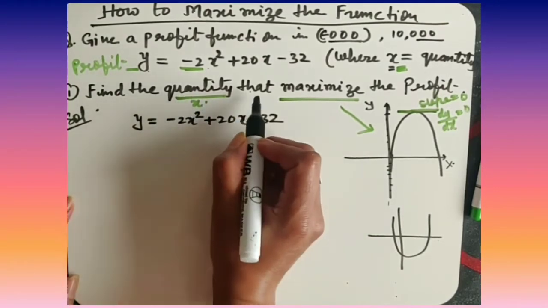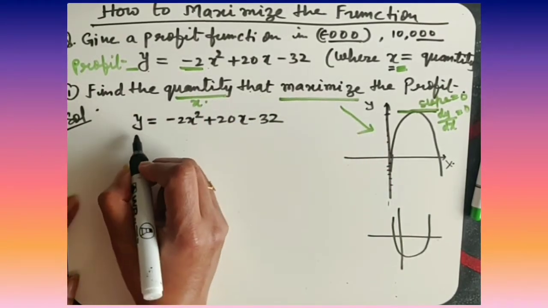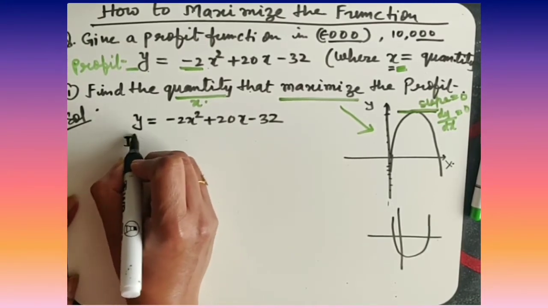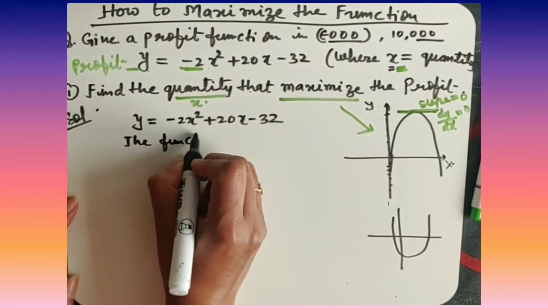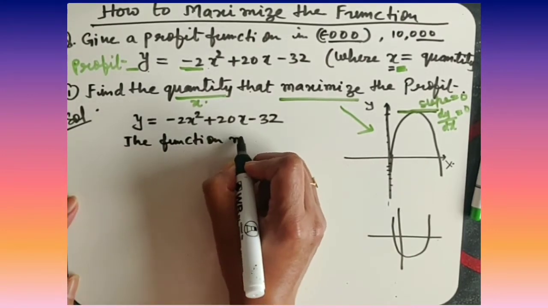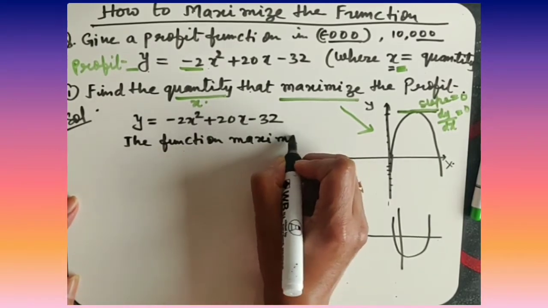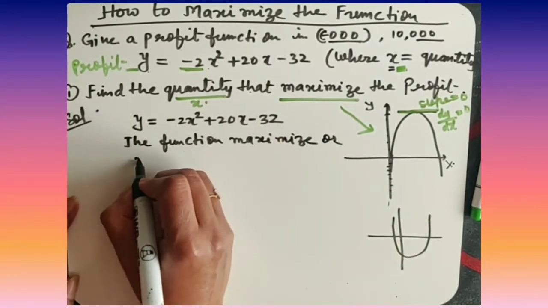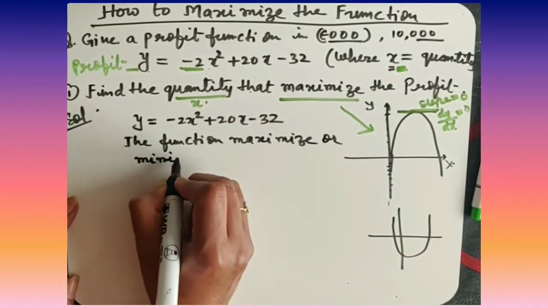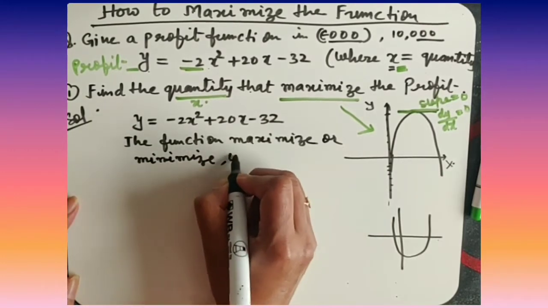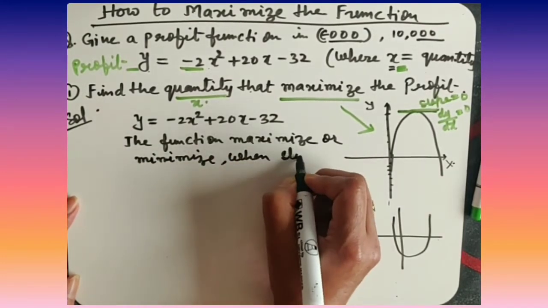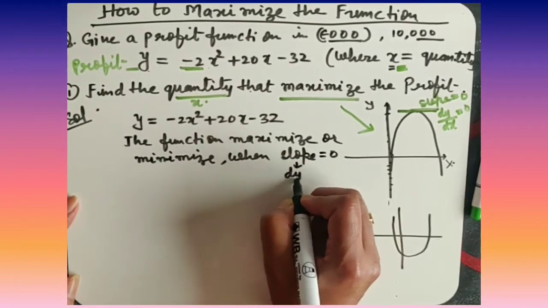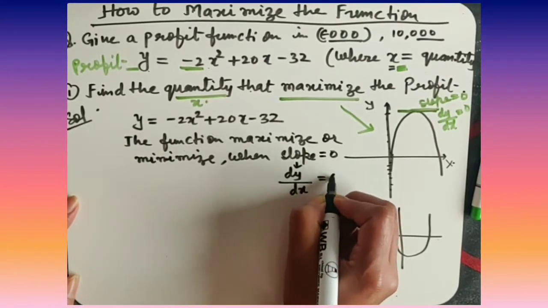So we need to find the quantity that maximizes the profit. Any function is maximized or minimized when the slope is 0, and the slope is the derivative, dy over dx equal to 0.